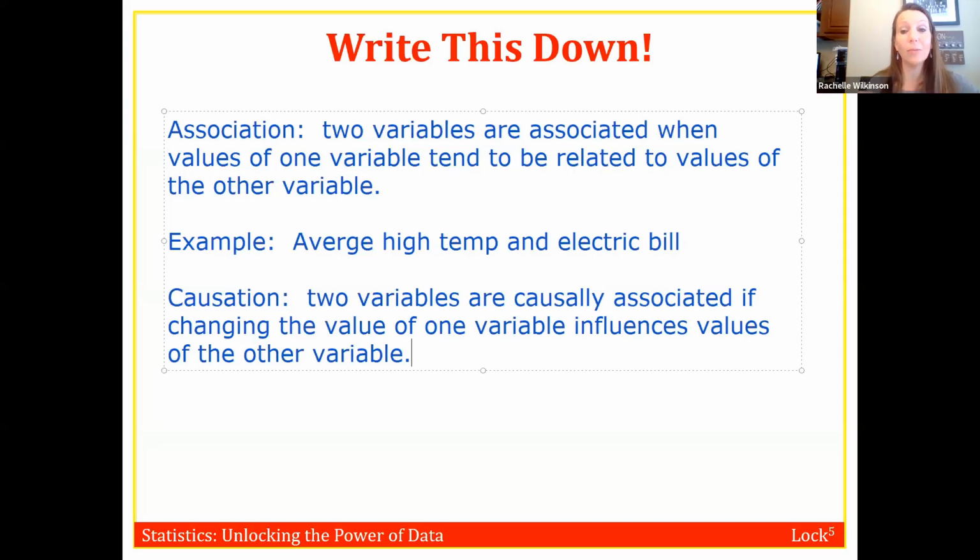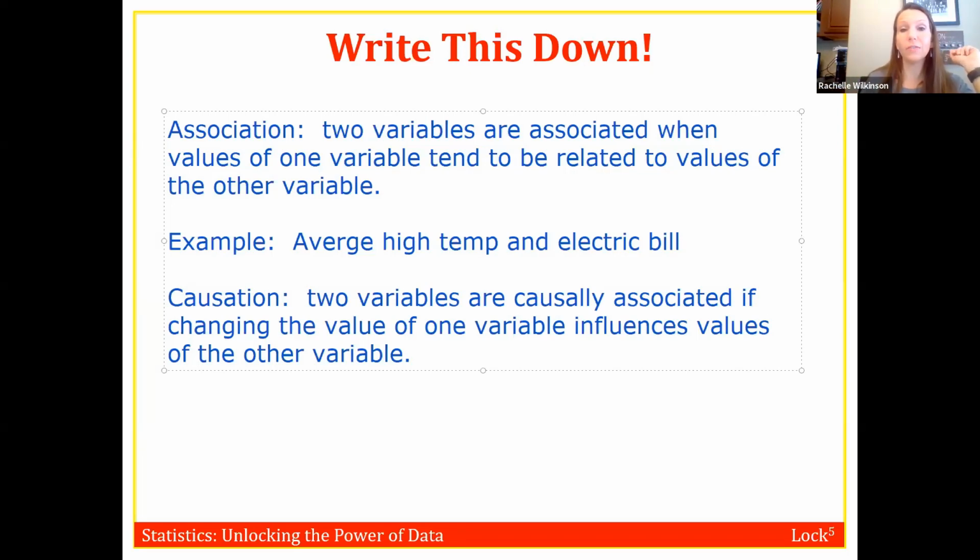Let's say I could make the average temperature 65 instead of whatever super hot it is. I know this is impossible, but would that cause my electric bill to be different? Would it cause it to go down? If I could change the temperature, would that cause my electric bill to change? Is the temperature what is causing my electric bill to be high?